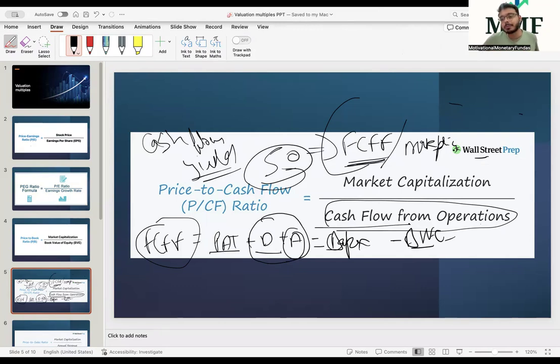That will simply give you the price to cash flow. Correct? And that is something that we calculated as well. So it's all about the cash flow multiple.